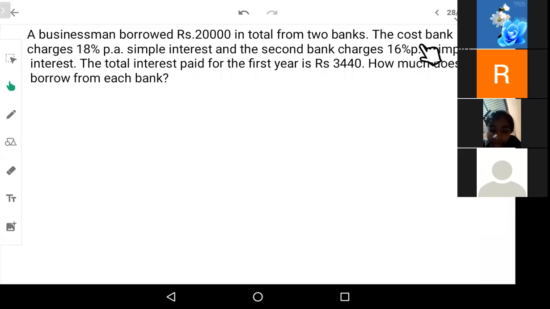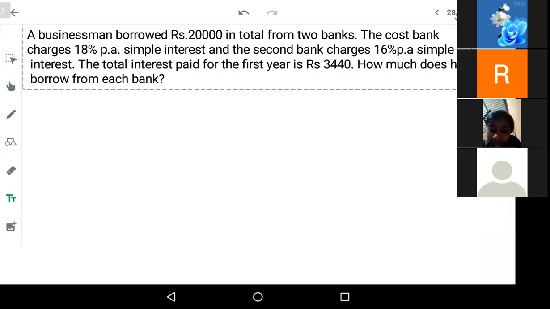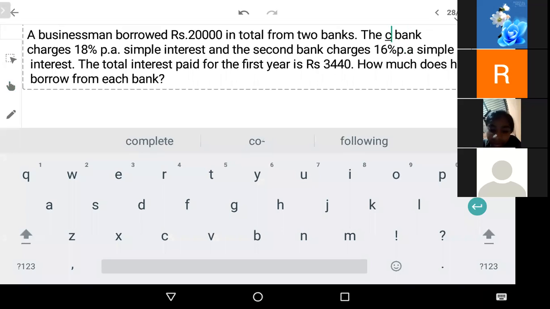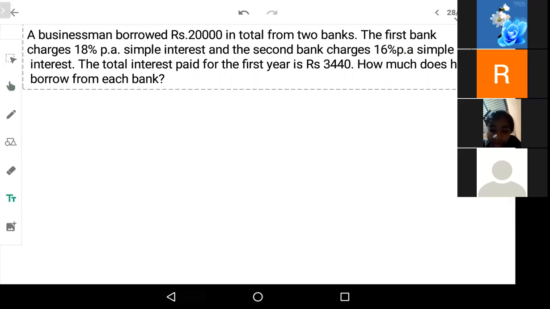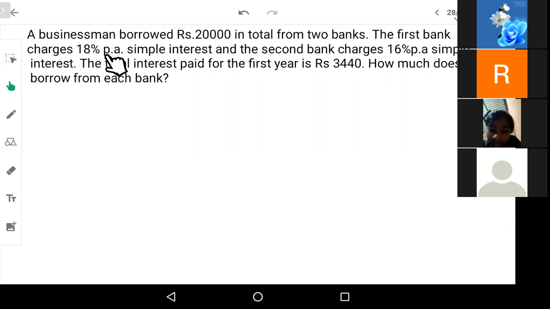The first bank charges 18% per annum simple interest, and the second bank charges 16% per annum simple interest. The total interest paid for the first year is rupees 3,440. How much does he borrow from each bank?